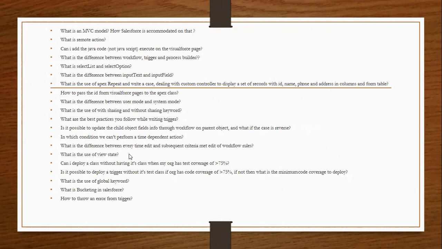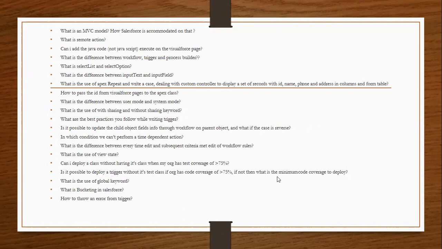Next, what is the difference between every time edited and subsequent criteria met edited of workflow rule? What is the use of view state? Can I deploy a class without having a test class when my org has test coverage of 75%? Is it possible to deploy triggers without a test class if the org has code coverage of 75%?